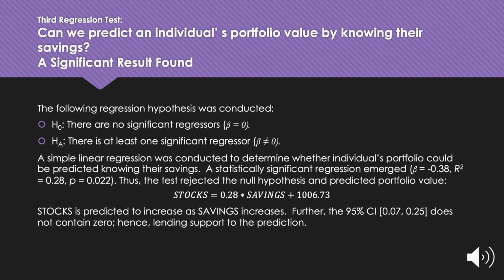Stocks is predicted to increase as savings increases. Further, the 95% confidence interval between 0.07 and 0.25 does not contain zero, hence lending support to the prediction.